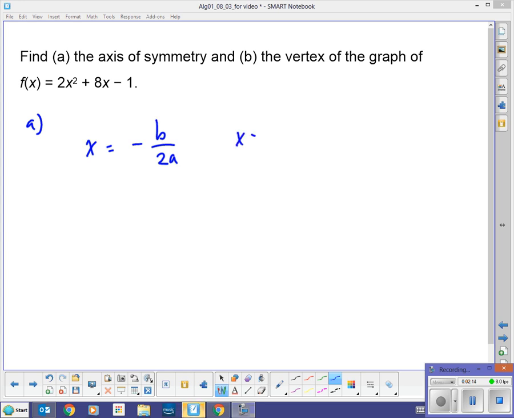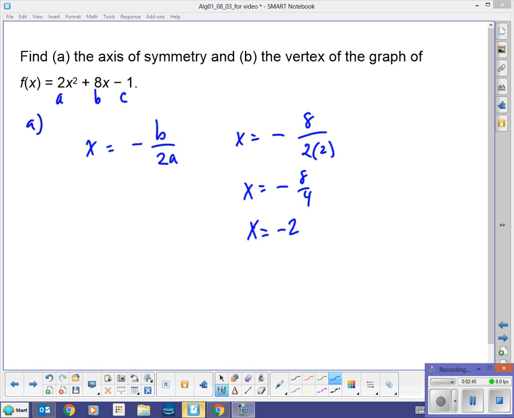So x is going to equal the opposite of b, which is 8, over 2 times a, which is 2. In case you can't remember, this is A, this is B, and this is C. Okay, so let's simplify this here. X equals the opposite of 8 over 4, so x equals negative 2. Okay, so that's our axis of symmetry.